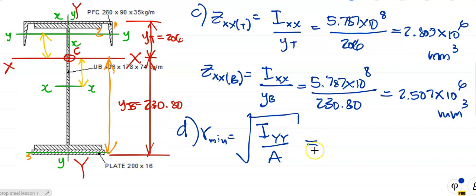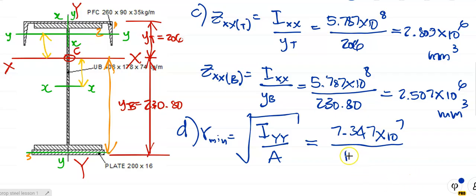Okay, and what's IYY? IYY is 7.347 times 10 to the power 7, over the total area, which I think was 17170.